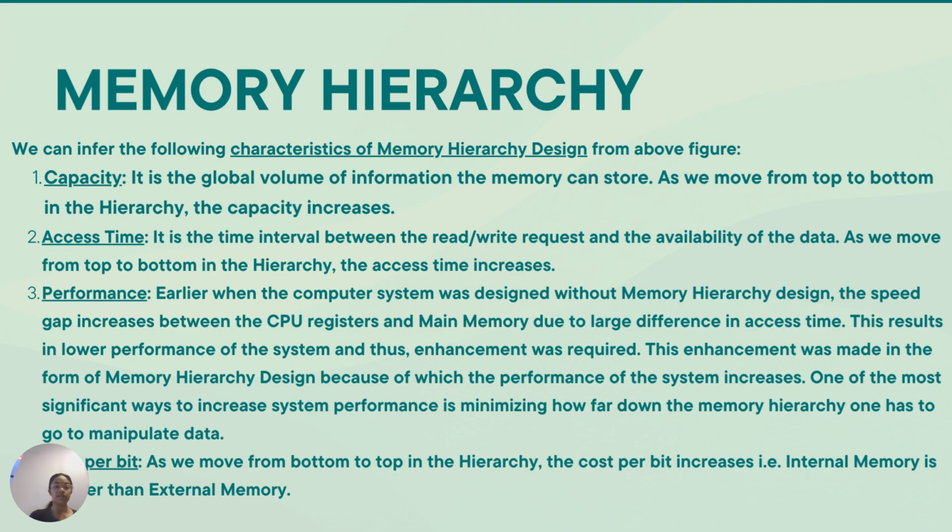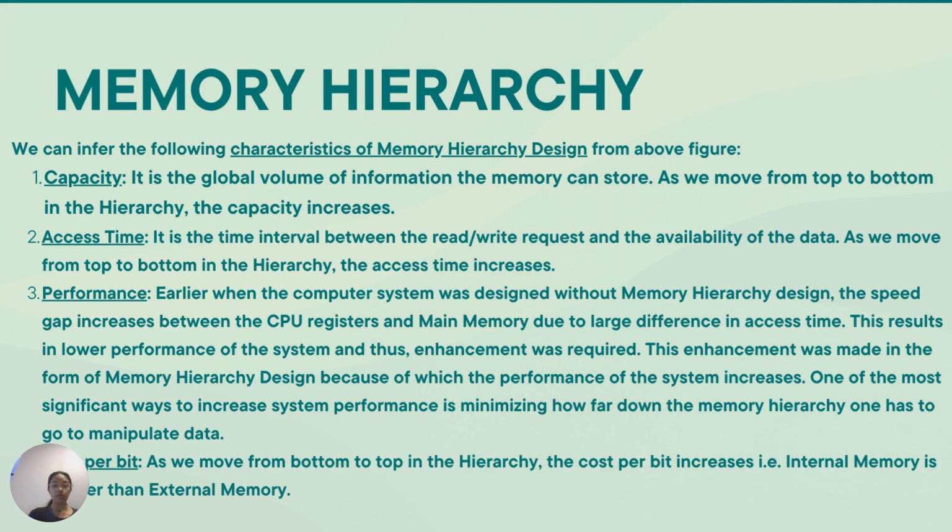Then the characteristics of memory hierarchy design. This means what we come to know from seeing the memory hierarchy design, like what it denotes. It could be a triangle, a rectangle, but why is it a triangle? So first is capacity, the global volume of information the memory can store.